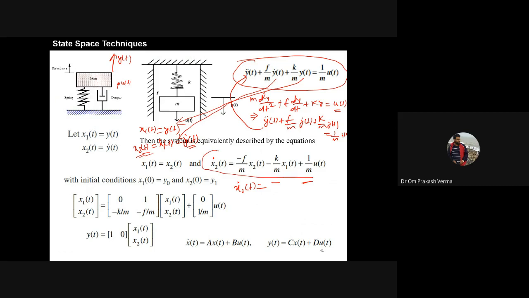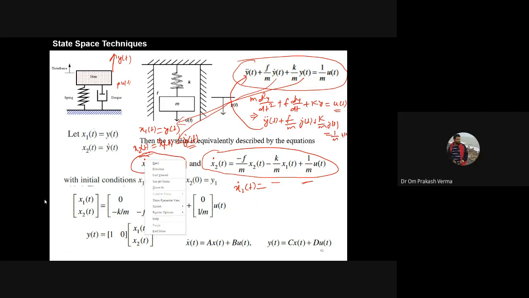So there are two equations, first and second.